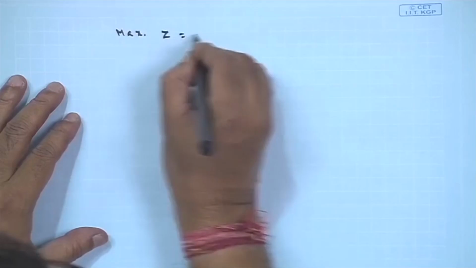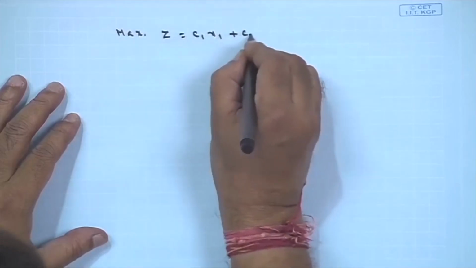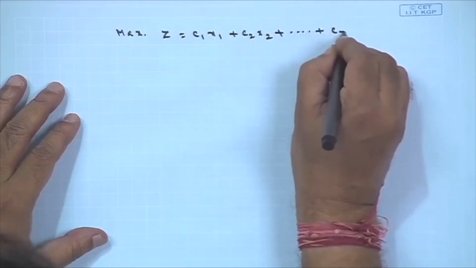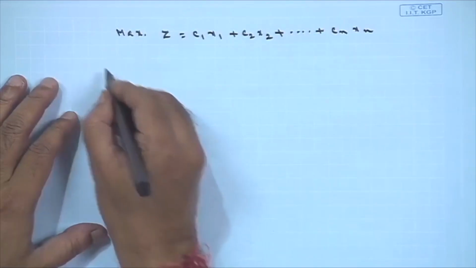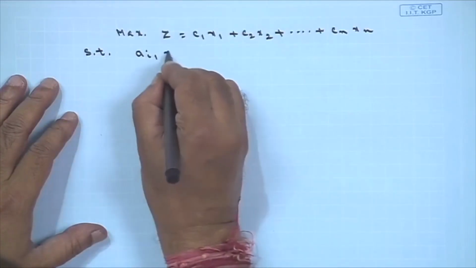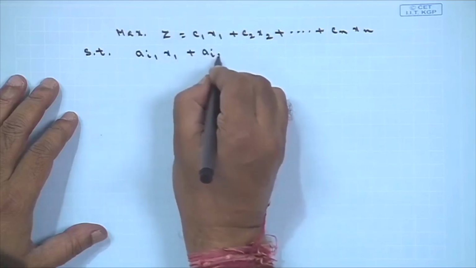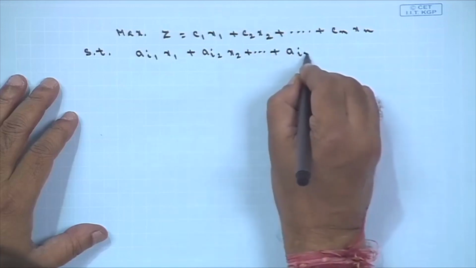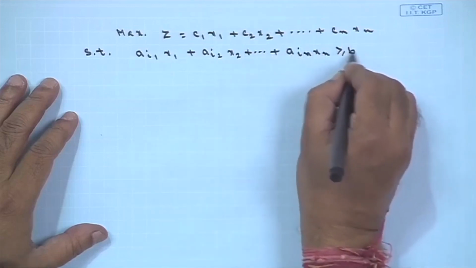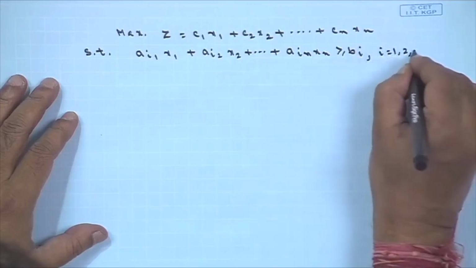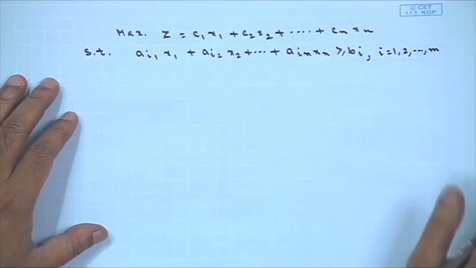Suppose I have a problem, maximize z equals C1 x1 plus C2 x2, like this way, plus Cn xn, subject to ai1 x1 plus ai2 x2 plus ain xn greater than equals bi, where i equals 1 to m, that is, m constraints are there.